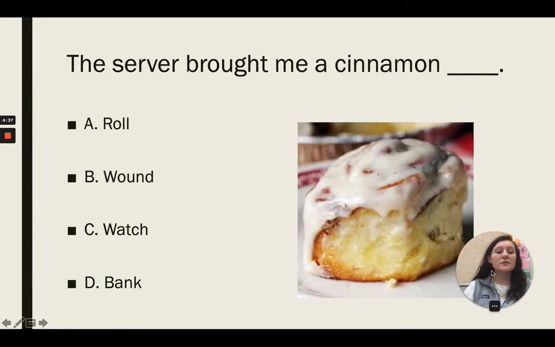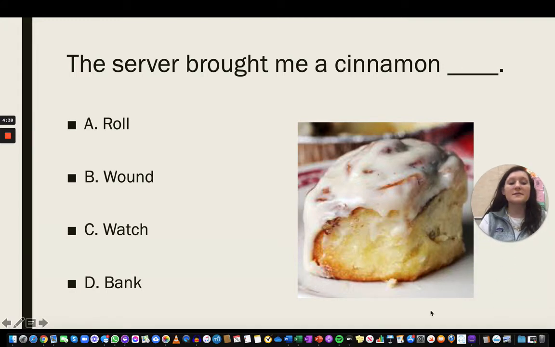All right, so let's look at some example sentences using the correct words, using context clues of the sentence and also the pictures that we have. Our sentence here is, the server brought me a cinnamon blank. Now we need to pick from these four words, and all four of these words are multiple meaning words.